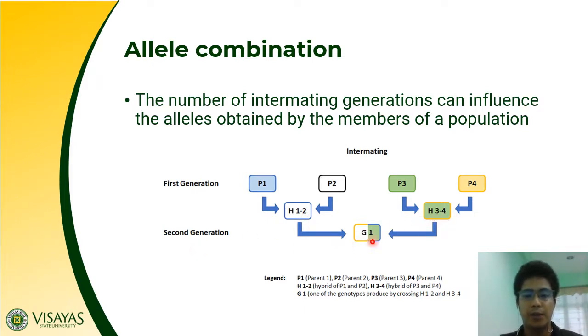Here in the second generation, you're confident that this individual contains alleles from all those parents: a white color from P2, green from P3, a yellow border from P4, and a blue border from P1. This shows you that the number of parents used will also affect the number of generations needed to have the allele combinations from the 4 parents you use in forming your population.